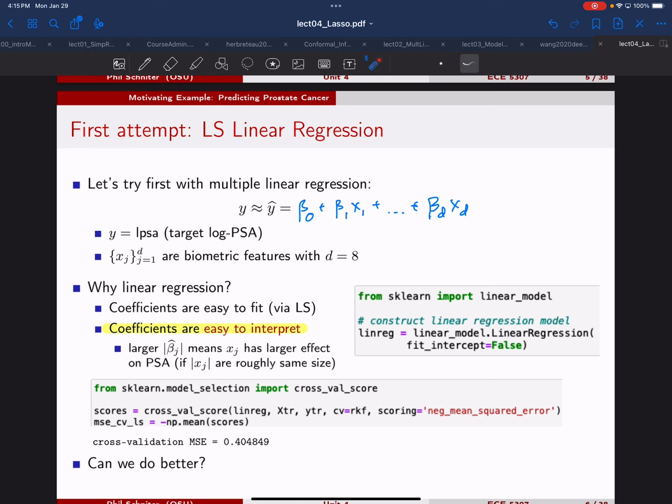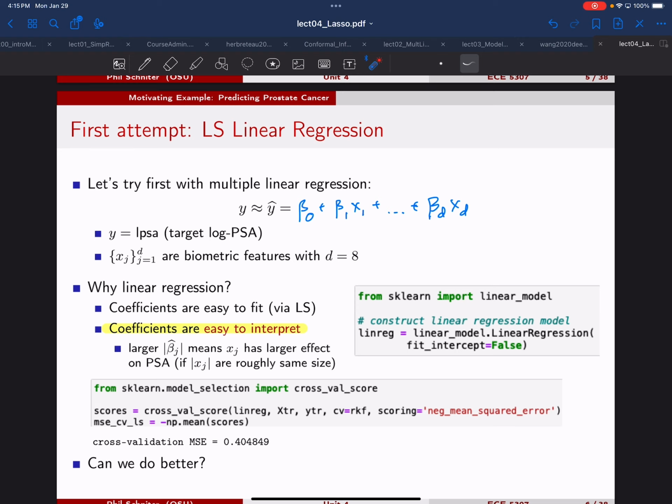Some could be millions, some could be tiny fractions of one. So for example, if this one was in units of millions and this one was in units of ones, then to have an equal effect on y, this beta would have to be much, much smaller than this one, right? Because it has to counteract the effect of the size of the x.